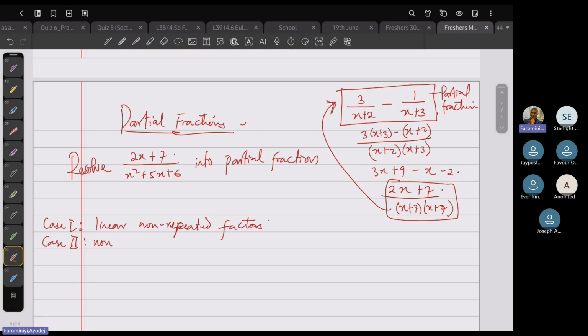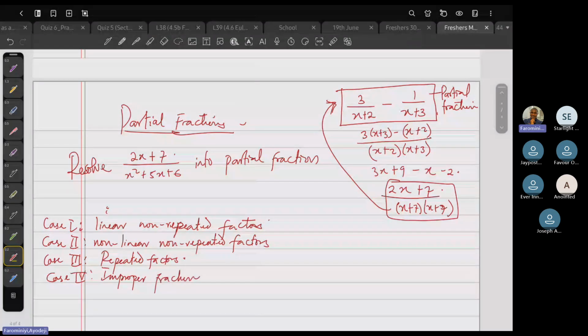So we are saying these are the type of denominators we have. Non-linear, non-repeated factors in the denominator. And case 3, we have repeated factors in the denominator. And the case 4 is when you have improper fractions in terms of the degrees of the numerator and the denominator.